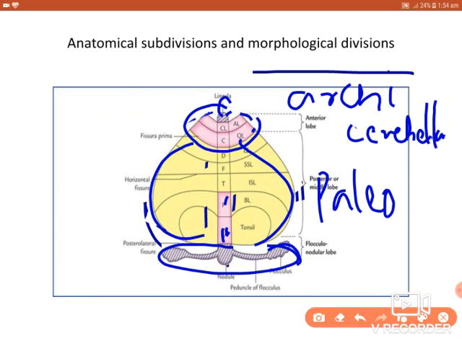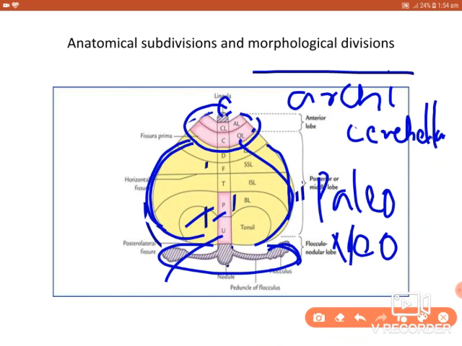Then the remaining areas of the posterior lobe, except this pyramid and this uvula, belongs to the neocerebellum. So these form this morphological divisions of this cerebellum: the archicerebellum, the paleocerebellum, and this neocerebellum.